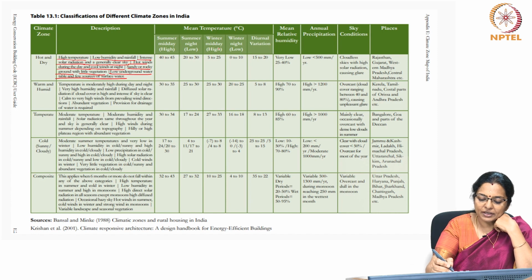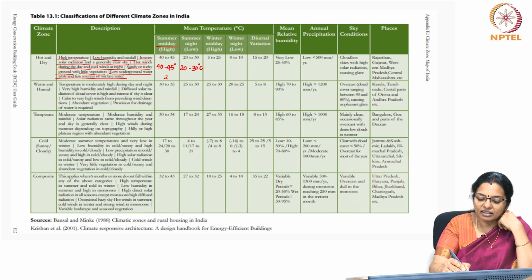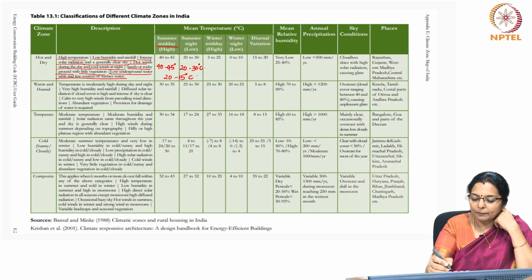The mean temperature during summer midday is between 40 to 45 degrees centigrade. The summer night temperature is between 20 to 30 degrees centigrade. So, you can see there is a diurnal variation of 15 to 20 degrees centigrade during summer.